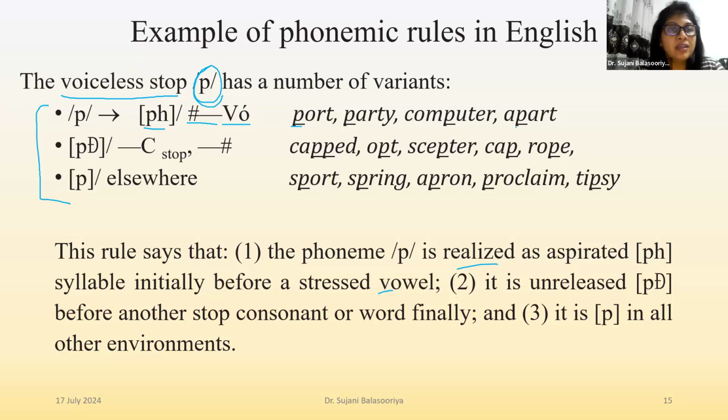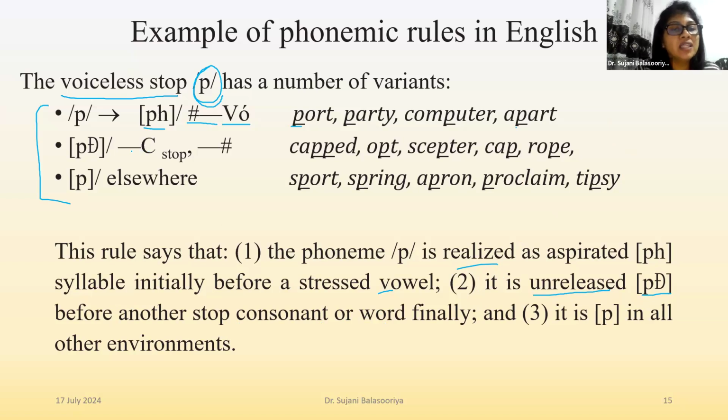Okay. About the use of the voiceless stop /p/. And then number 2. It is unreleased. It here means the phoneme /p/, right? This is how we show the unreleased [p̚] before another stop consonant or word finally.